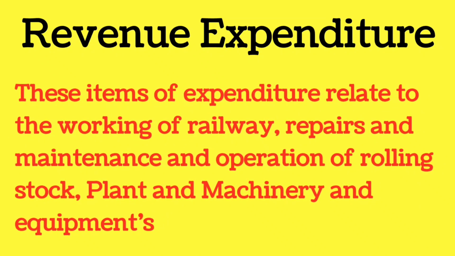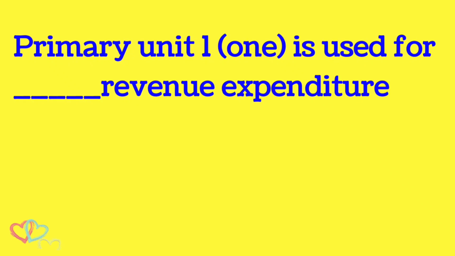These items of expenditure relate to the working of railway, repairs and maintenance and operation of rolling stock, plants and machinery and equipments. So these are the two main expenditures of railway.